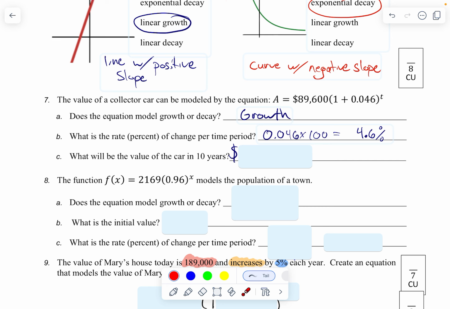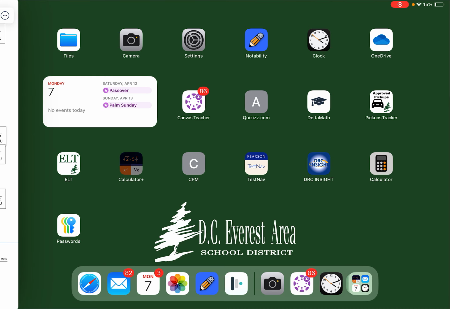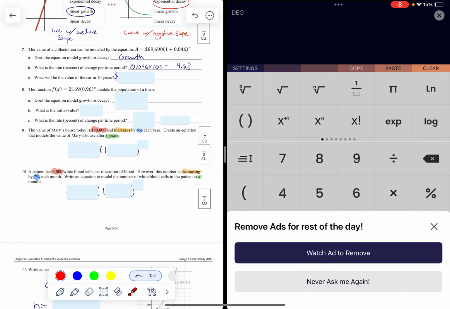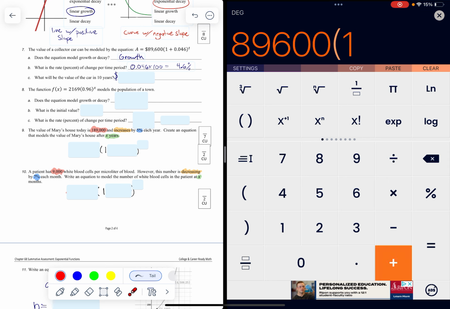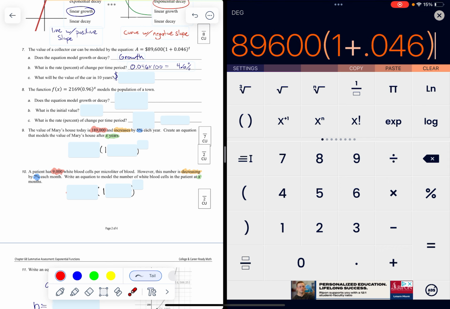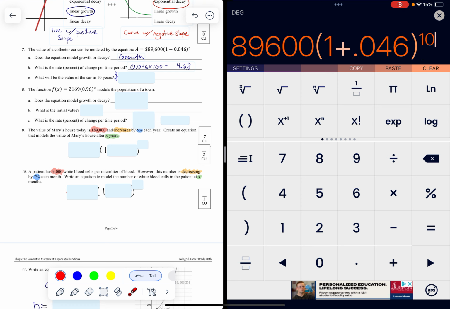Now finally, they want to know what will be the value of the car in 10 years. Piece of cake. Grab your calculator and make t equal 10. So type everything in. Let's do that together. Let me pull up my handy-dandy calculator. So we're going to do 89,600 times 1 plus 0.046, close parentheses, and we are going to raise it to the 10th, because that's how many years we're looking at here.